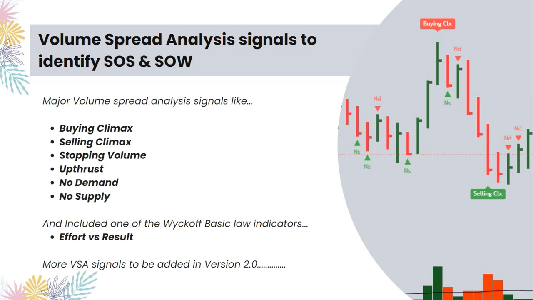Now, Volume Spread Analysis signals to identify signals of strength and signals of weakness. The major Volume Spread Analysis signals like buying climax, selling climax, stopping volume, upthrust, no demand, and no supply are included within this indicator. And one of the basic laws of Wyckoff is also included, that is the effort versus result indicator.